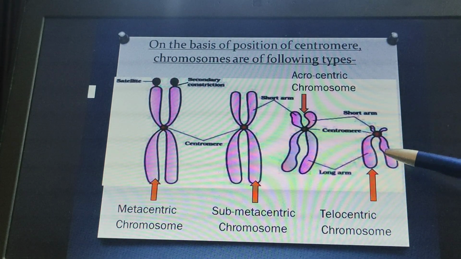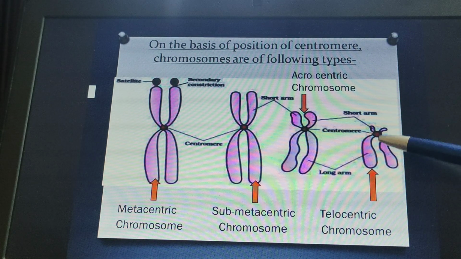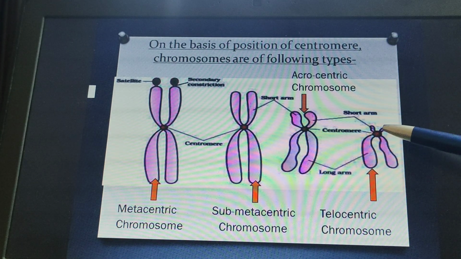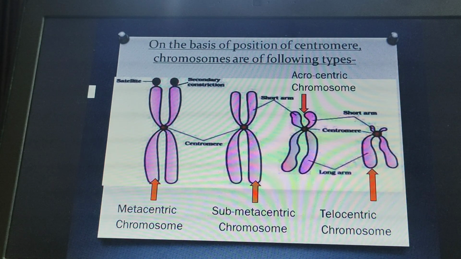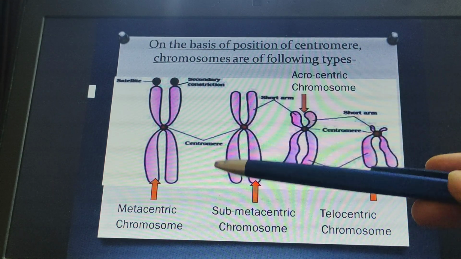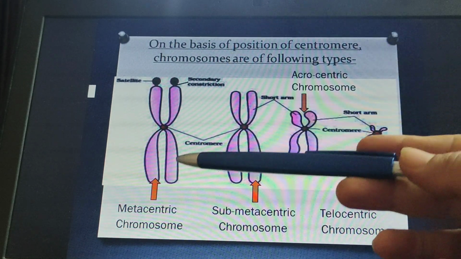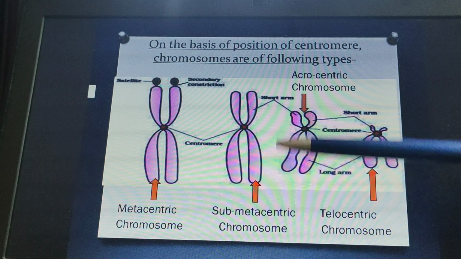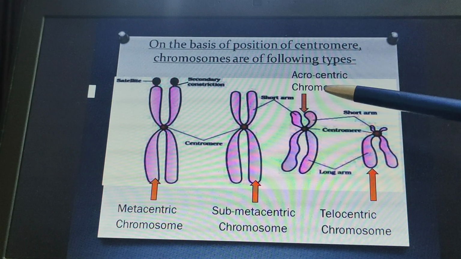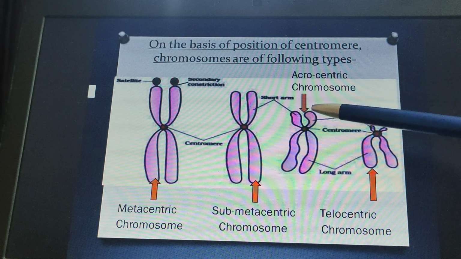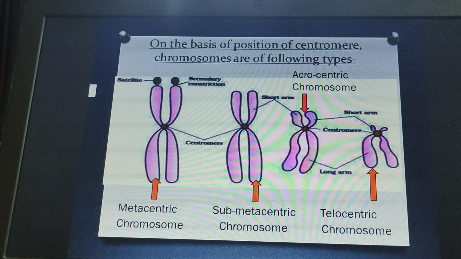And in the case of the telocentric, the centromere is almost at the margin, or in some cases right at the margin, and the two arms of the chromatids are absolutely unequal. So these are the four types of chromosomes based upon the position of the centromere: metacentric, center; submetacentric, slightly away from the center; acrocentric, more towards the pole; and telocentric, almost at the pole.